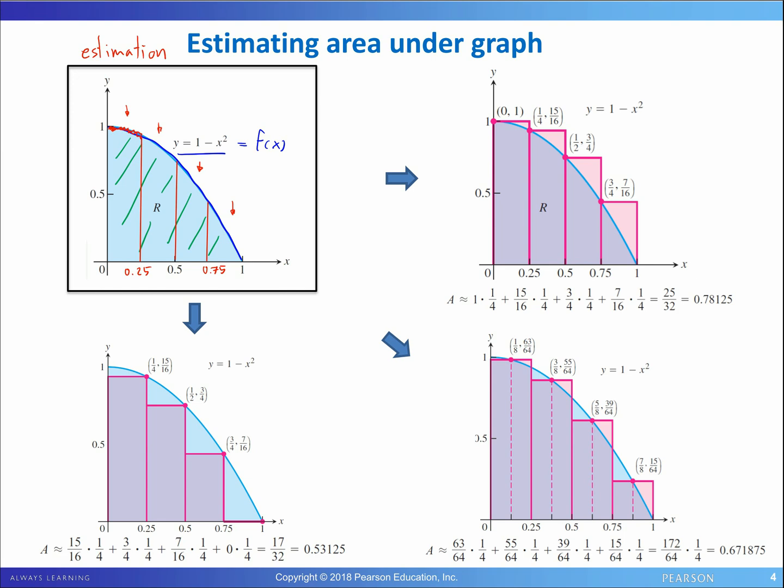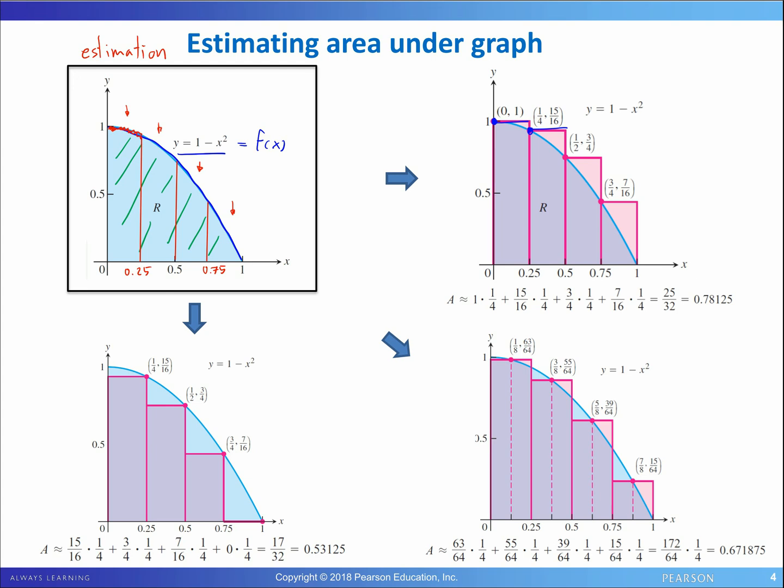Let's find out. The first option that we have here is to use the left function value as the height of the rectangle, like what we have on the right hand side here. Here we have the left function value over here as the height of the first rectangle, the estimation of the first section. For the second section, once again we have the left function value as the height of the rectangle.